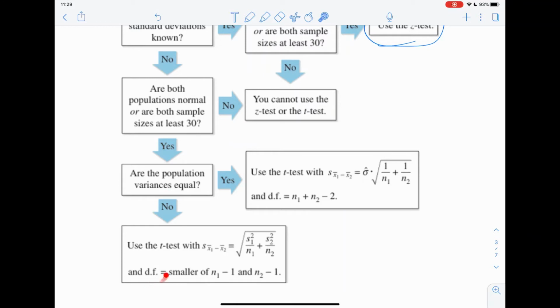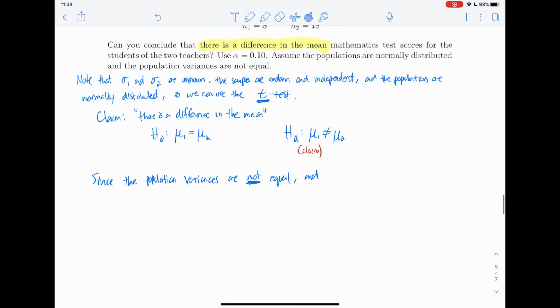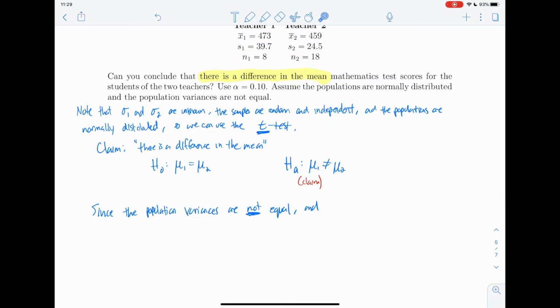So what that means is our degrees of freedom are the smaller of either the first degree of freedom or the second. So what that means is we're curious about which of these sample sizes is smaller.